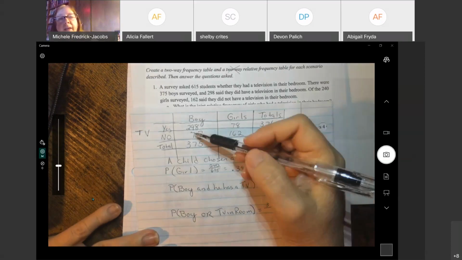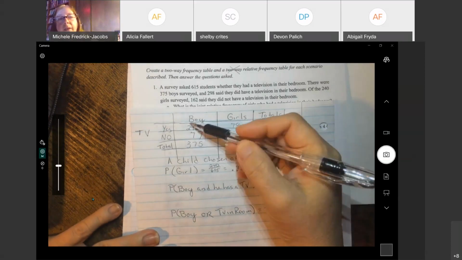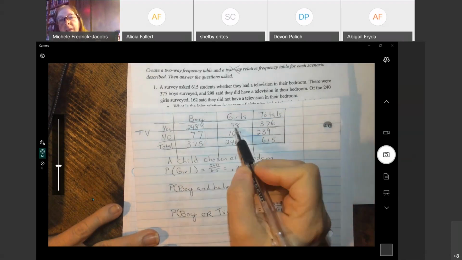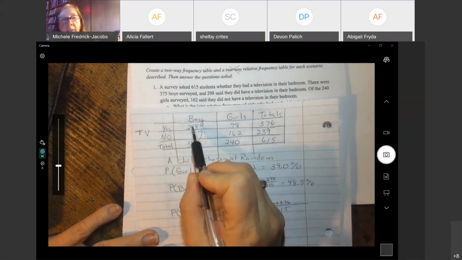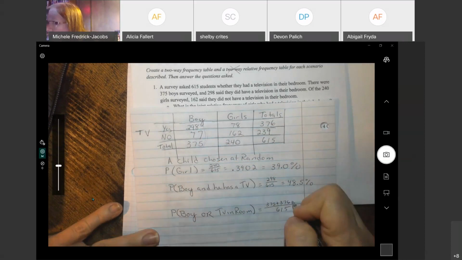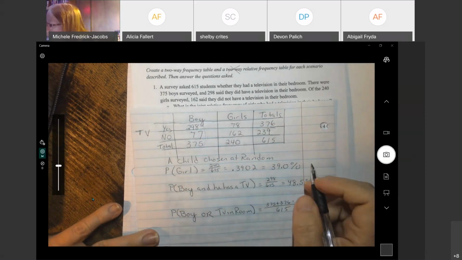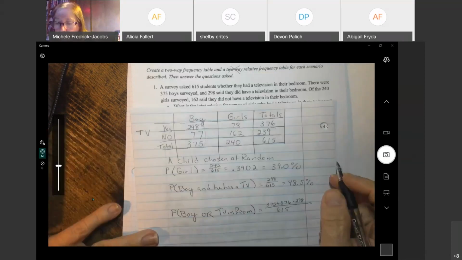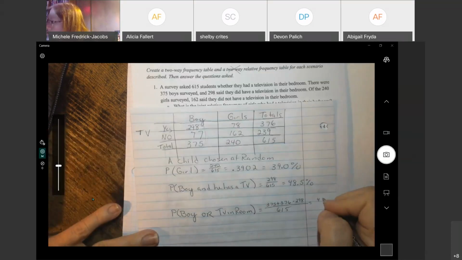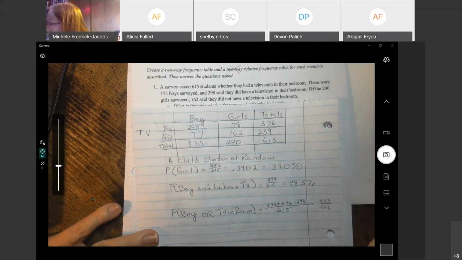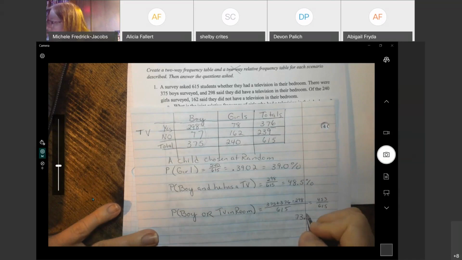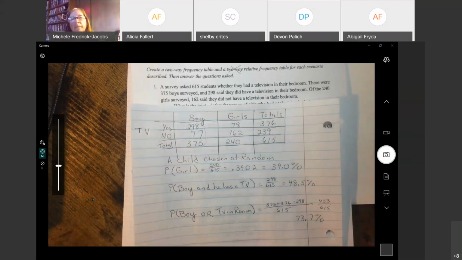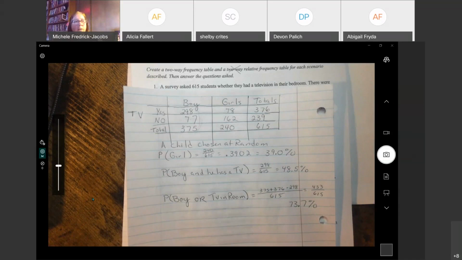But when we add these this way, and then we add this way, we've added this twice, and so we'd have to subtract it out. Any questions on the and or the or?